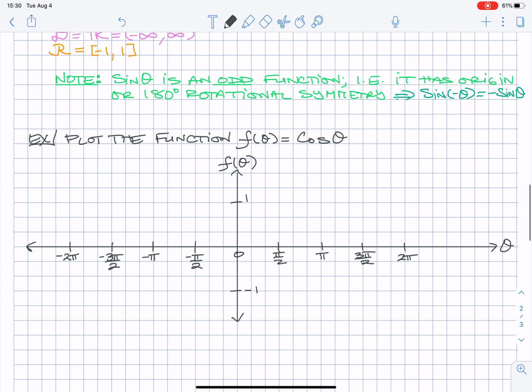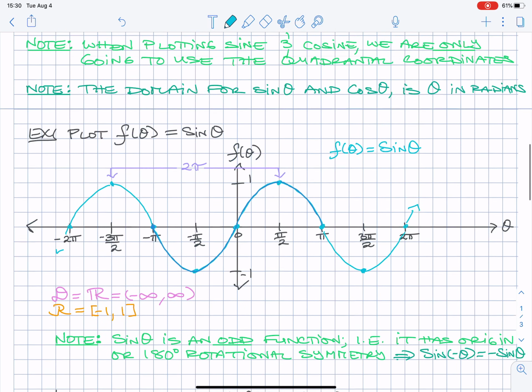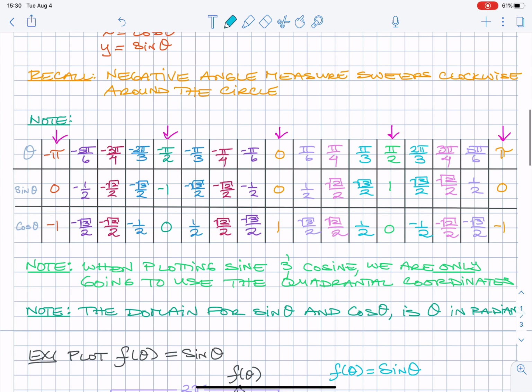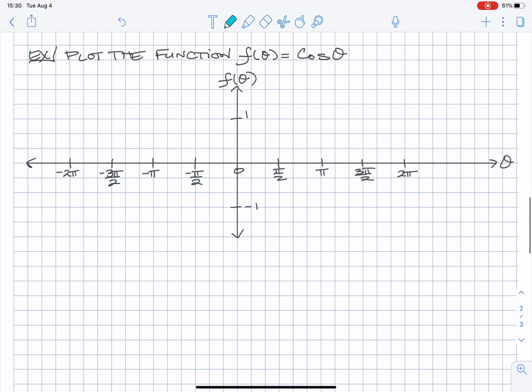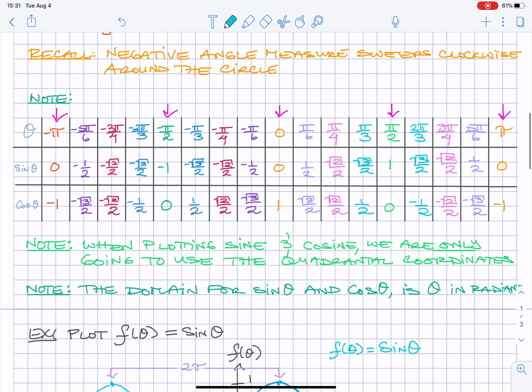Okay, so now let's look at cosine. And I guess in blue again. So cosine of 0 is, no, that's cosine of pi. Where's 0? Cosine of 0 is 1, so I'm up here at 1. Cosine at pi over 2, 90 degrees, is 0.